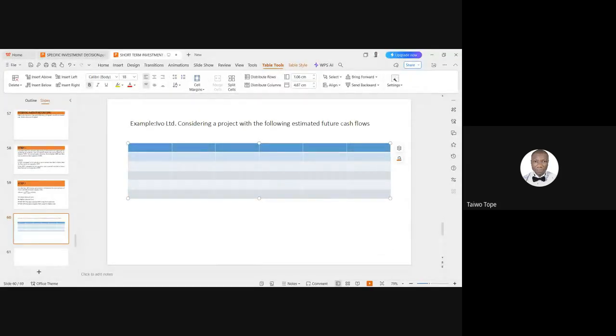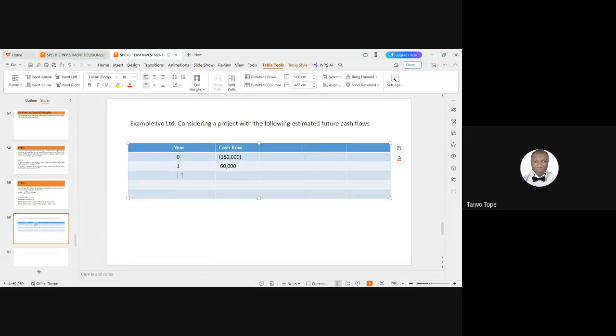So we can have year, we can have cash flow. Year 0, we have a cash flow of what type of cash flow now? An outflow of 150,000. And we have year 1, we can have a cash flow of what? 60,000.